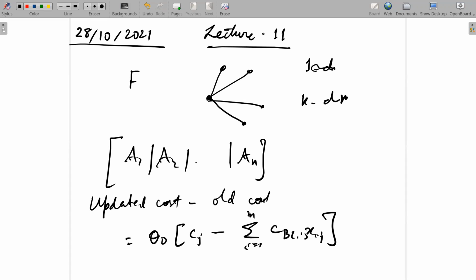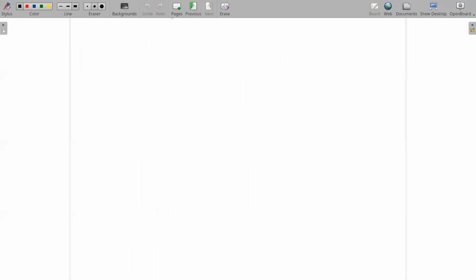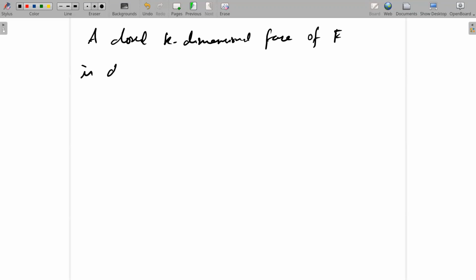k dimensional faces. So it's more general than that. We were just interested in vertices, but I can make a statement of a more general nature, saying that a closed k dimensional face of F, or a general polytope or a polyhedron, is determined by, so for example, if k is 0, then a 0 dimensional face is precisely what it means to be a vertex.